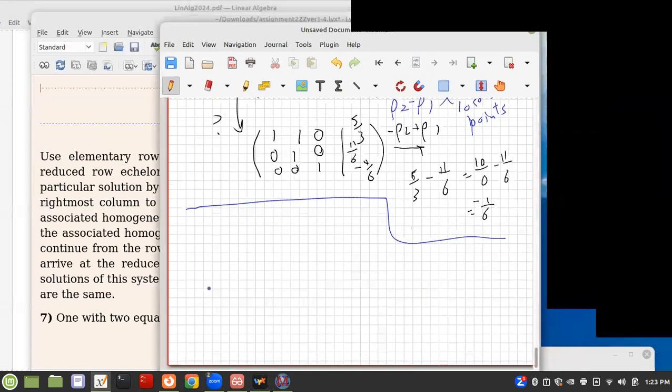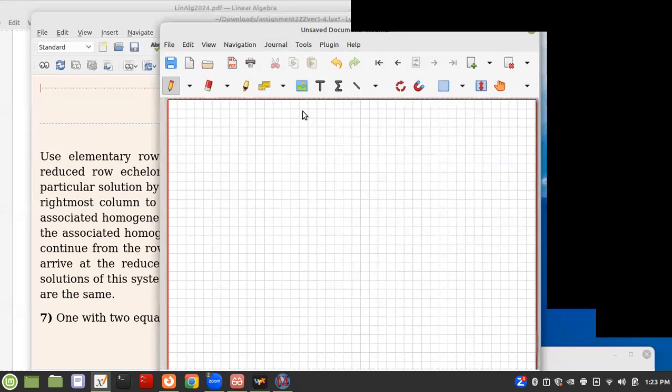Maybe if I do an example, let's say I have the system 1x plus 2y equals 3, and 2x plus 4y equals 6. Then what are you going to do? You're going to follow these directions.